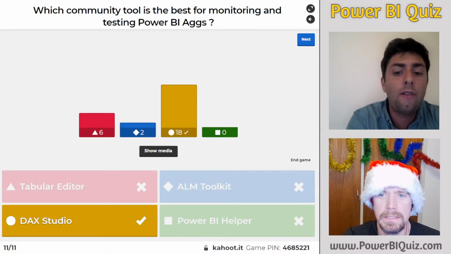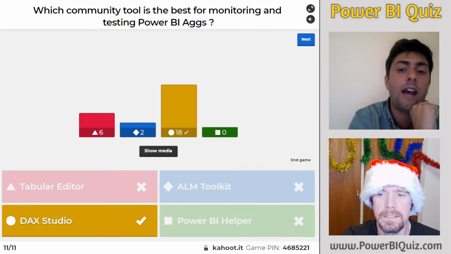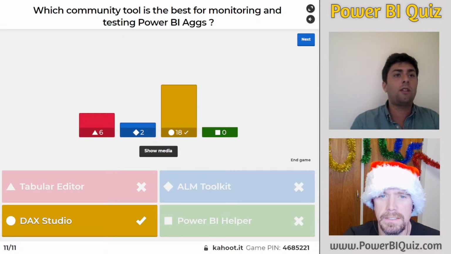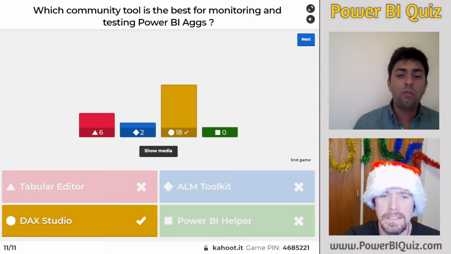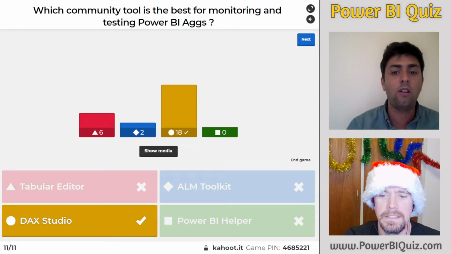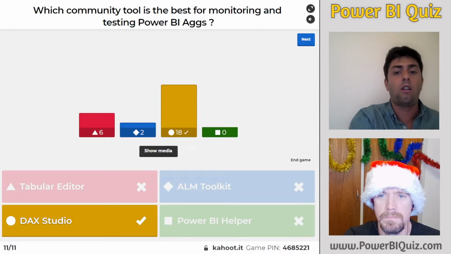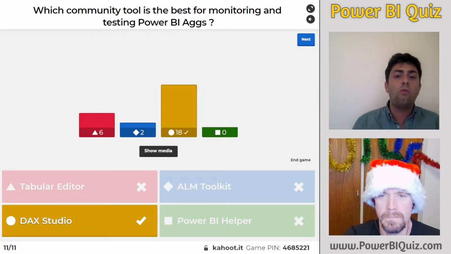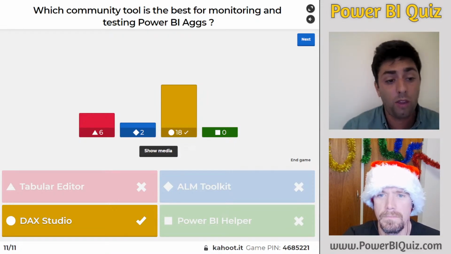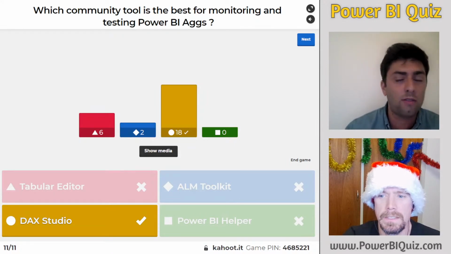And when you have a Power BI aggregation model with several aggregation tables, you can even see which aggregation table has been hit by the engine. So it's really practical, because sometimes you have some queries and you don't know whether the aggregations got hit or not. And if it got hit, you want to know if it was Agg1 or Agg2, or you want to know which table has been hit. Well, with DAX Studio, you can do this. It works amazingly. It's native and it's perfect. I use it a lot.